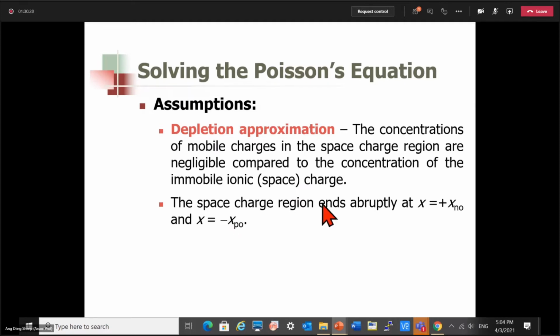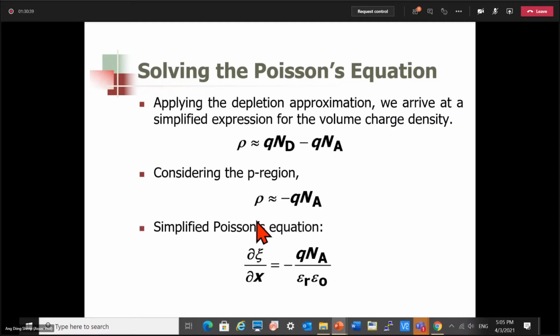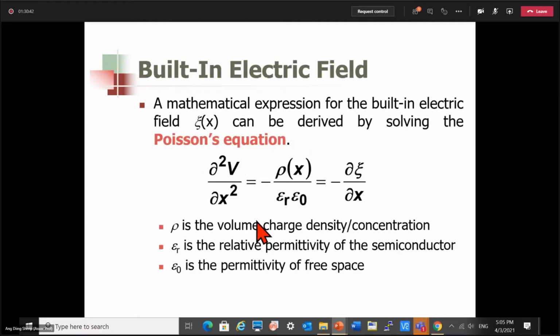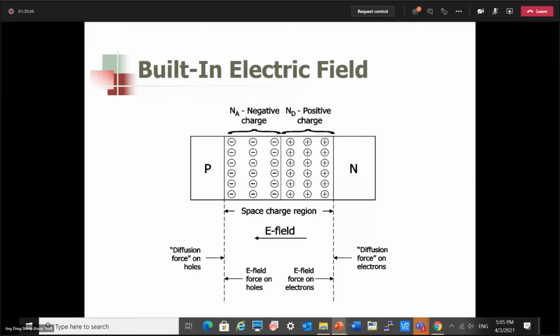The second assumption we'll make is that the space charge region ends abruptly at two positions, which I call xn naught on the n side and minus xp naught on the p side. If you take the metallurgical junction to be the origin, in other words x equals 0, then xn naught refers to this boundary here, and minus xp naught refers to this boundary here.